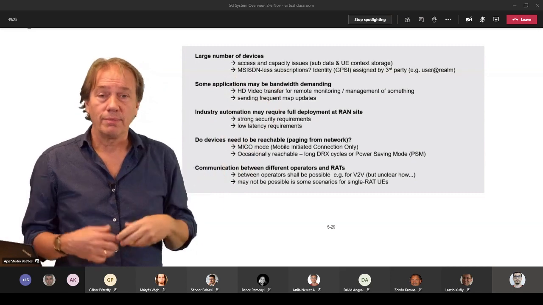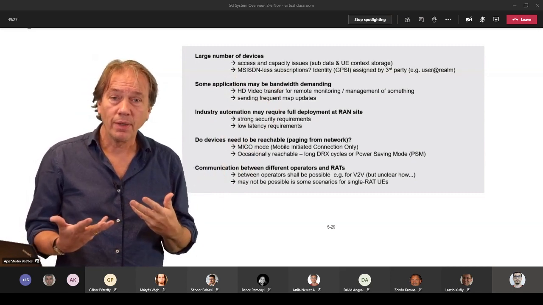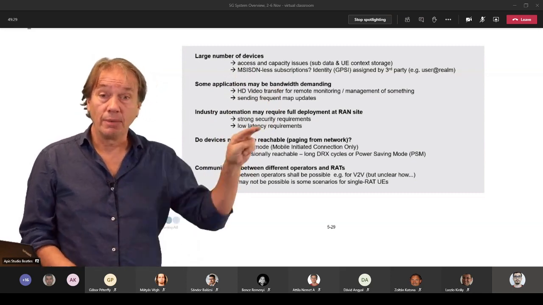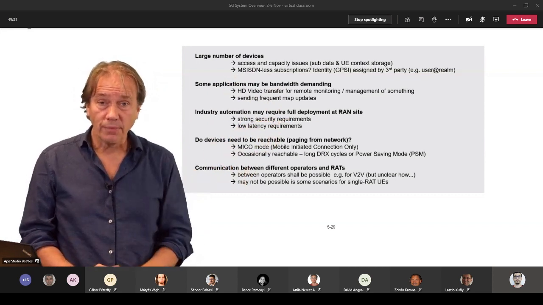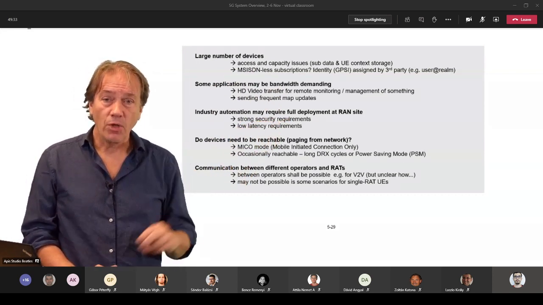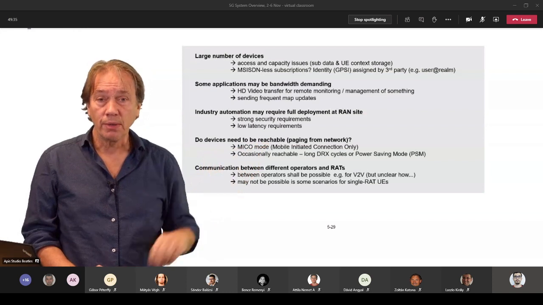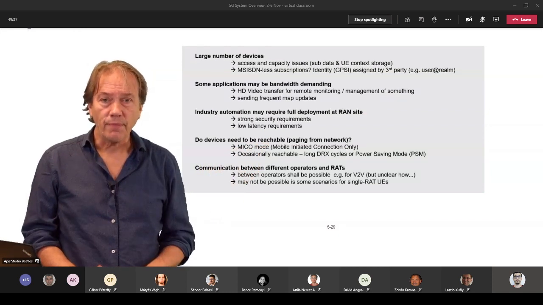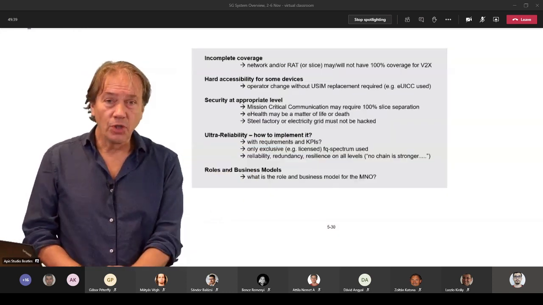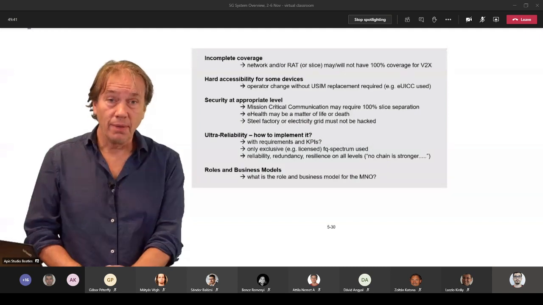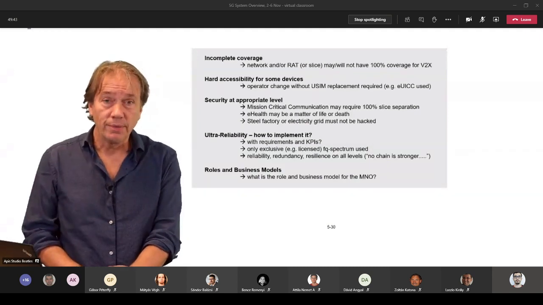What about bandwidth? What about security requirements? Do devices need to be reachable? So there are lots of things to consider.